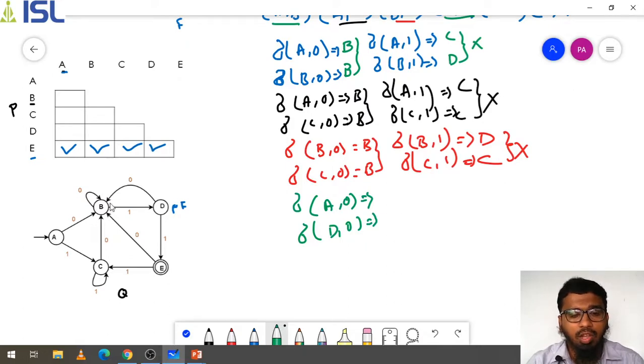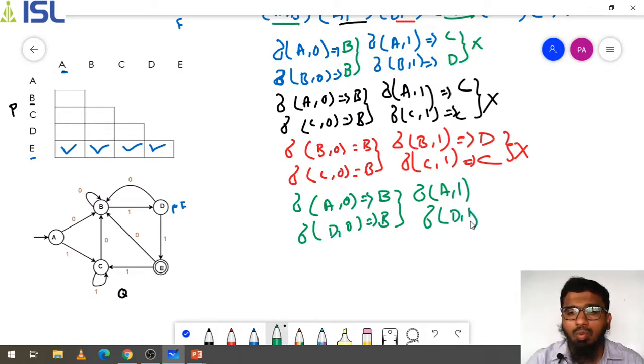A comma 0 is going to B, and D comma 0 is going to B only. Okay, next delta A comma 1, delta D comma 1. A comma 1 is going to C, and D comma 1 is going to E.